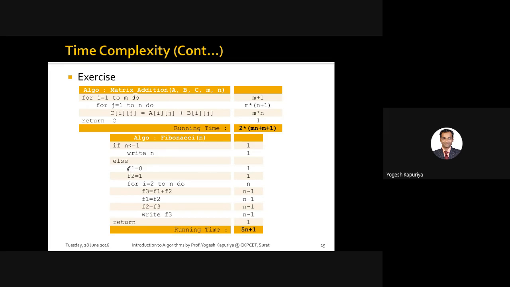Otherwise, this is a well-known logic, you take two variables, f1, because first Fibonacci number is 0, second Fibonacci number is 1. So f1 is equal to 0, f2 is 1. Then you run a loop which starts from 2 and you go till n. Then you compute f3 is equal to f1 plus f2, f1 is f2, f2 is f3. And then because you are printing every number, you say f3.